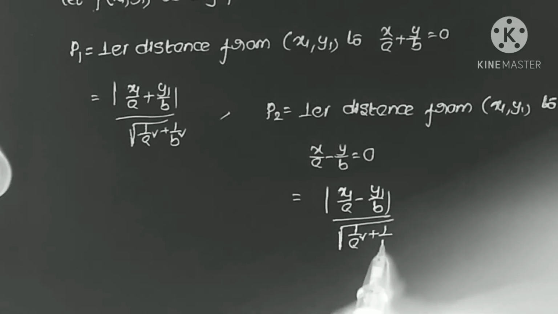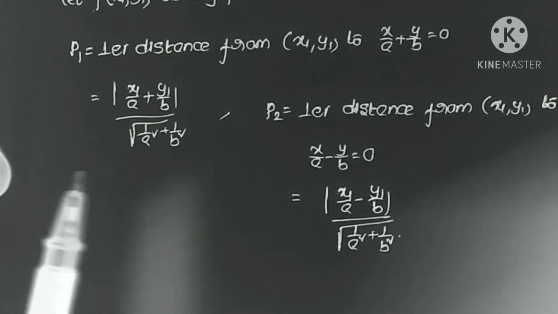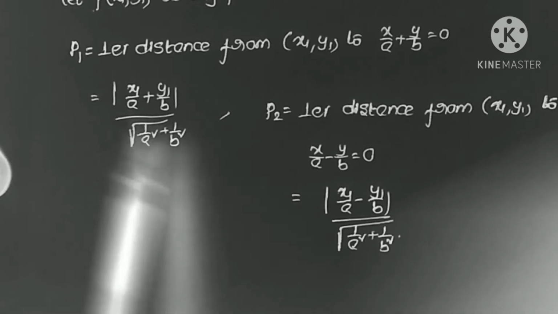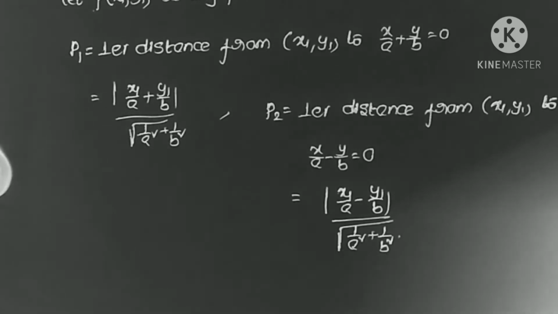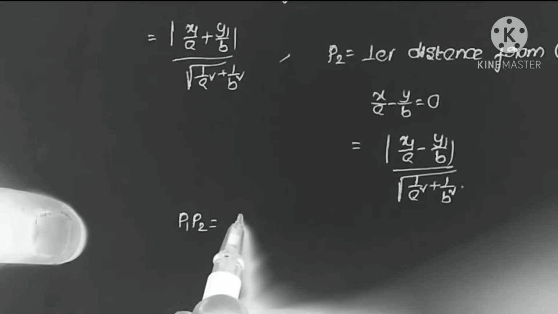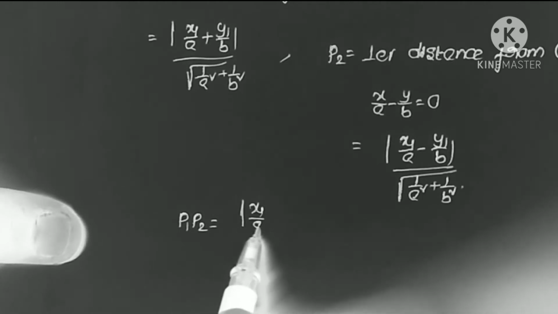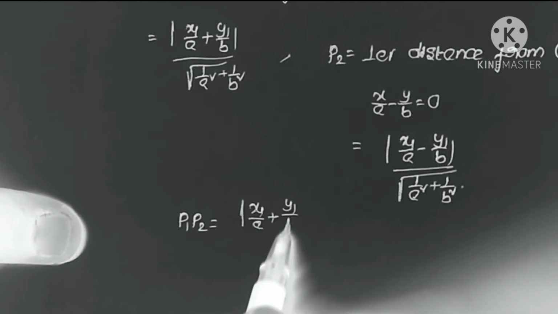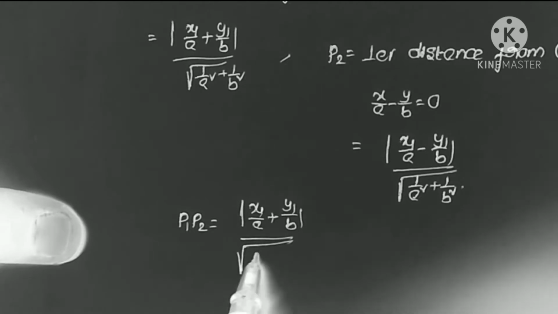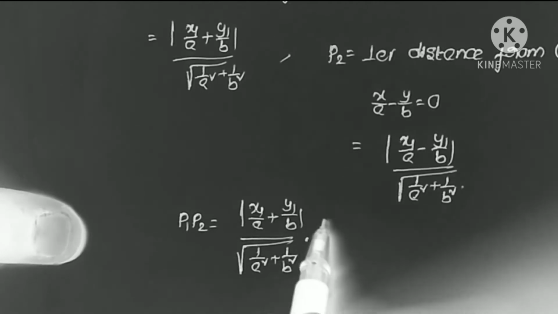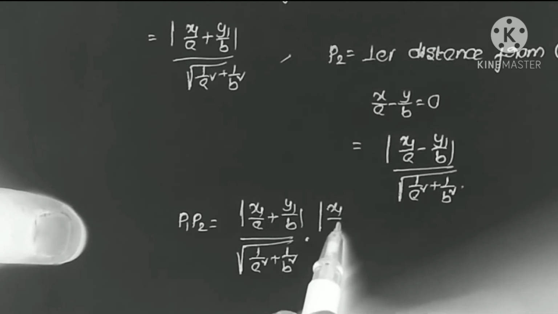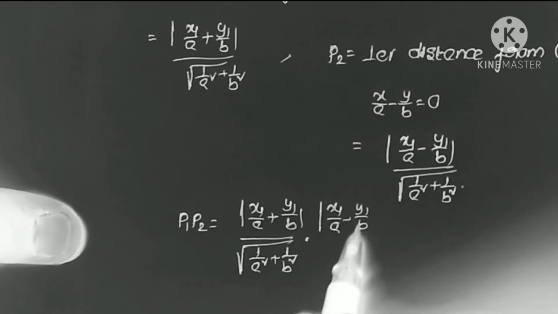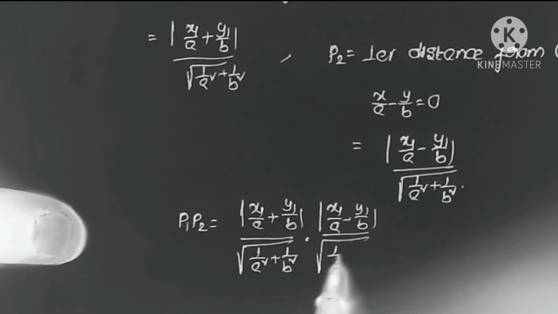Now what do we want? The product of the perpendicular distances, that is P1 into P2. Now we are taking the product of these two values. So P1 into P2 is equal to the P1 value, modulus of x1 by a plus y1 by b over square root of 1 by a square plus 1 by b square, into the P2 value, modulus of x1 by a minus y1 by b over square root of 1 by a square plus 1 by b square.